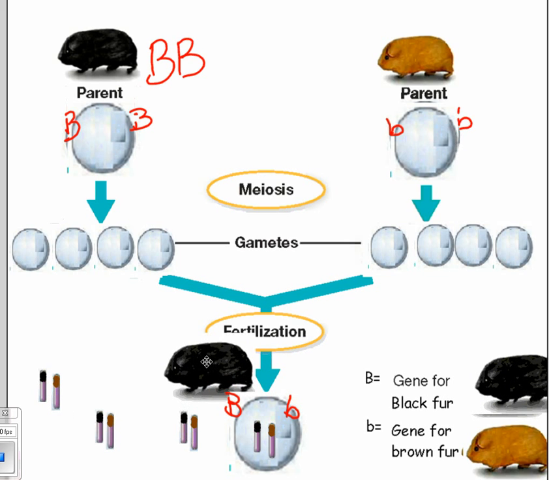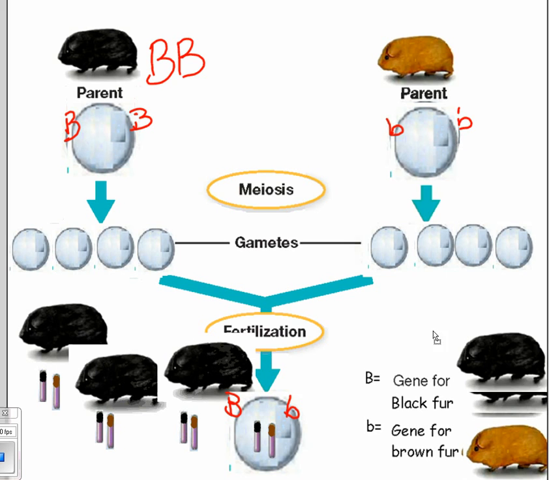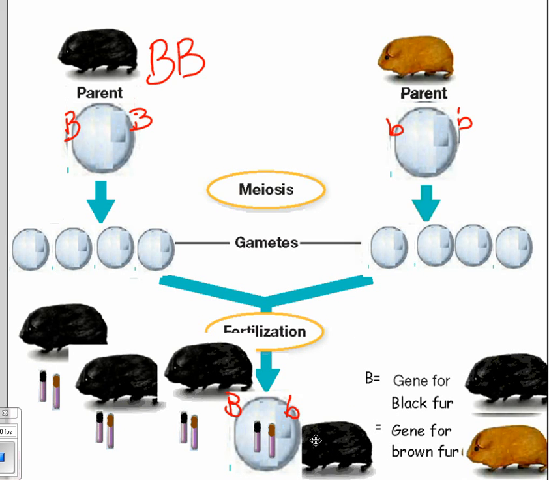Every single time we went through meiosis and randomly went from egg to sperm, there is a 100% chance that all of them are going to be what color? Black. 100% chance that they're all going to be black. Because in this case, we have a dominant allele.